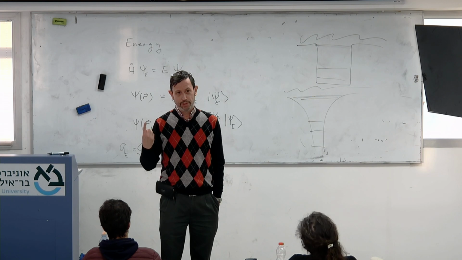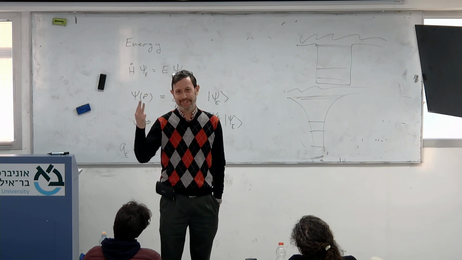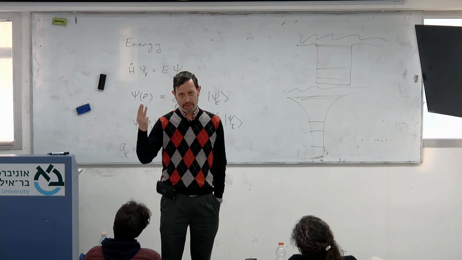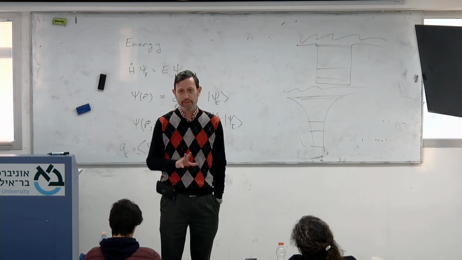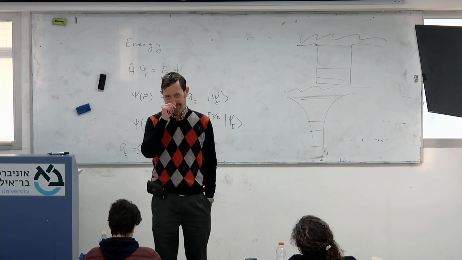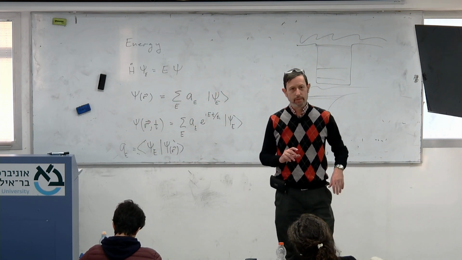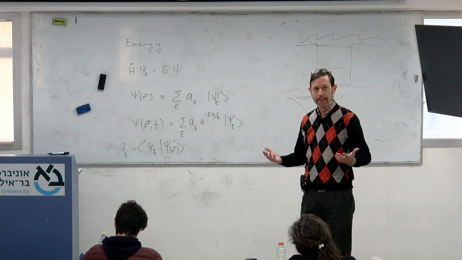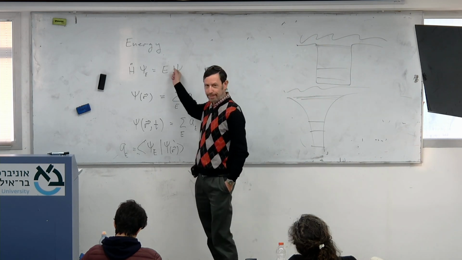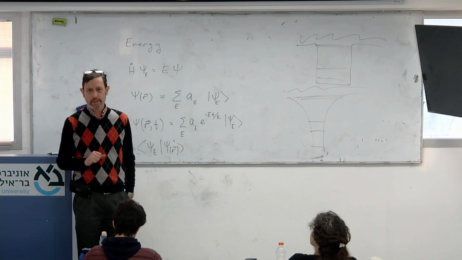So you have to measure energy, angular momentum, and the z component of the angular momentum in order for me to tell you what was the wave function. So when they're telling you solve the Schrödinger equation, usually they mean find the basis and find the spectrum, the possible eigenvalues.